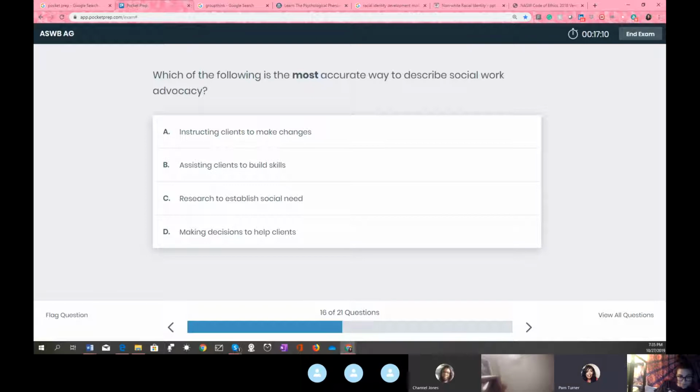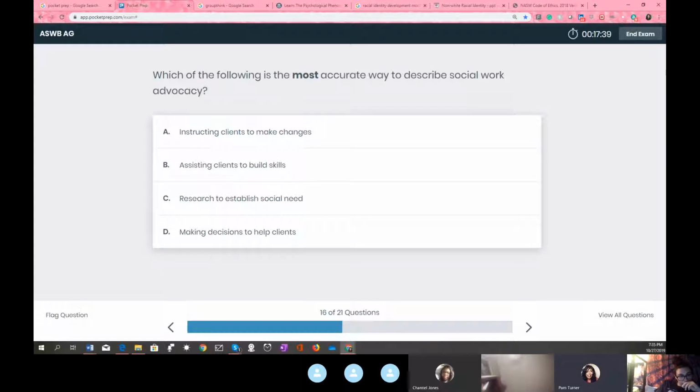Okay. Which of the following is the most accurate way to describe social work advocacy? When I'm fighting for my client, I'm advocating for my client. What am I doing?